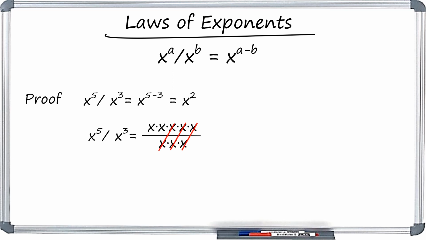What is left is x times x. So the answer is x squared, where 2, our exponent here, is equal to the difference of the exponents. Example, 5 to the 4th divided by 5 squared is equal to 5 raised to 4 minus 2 is equal to 5 squared.